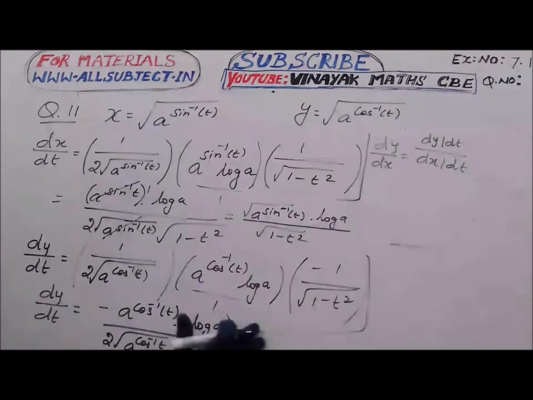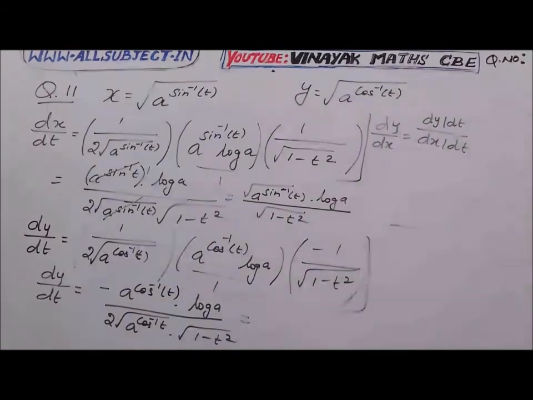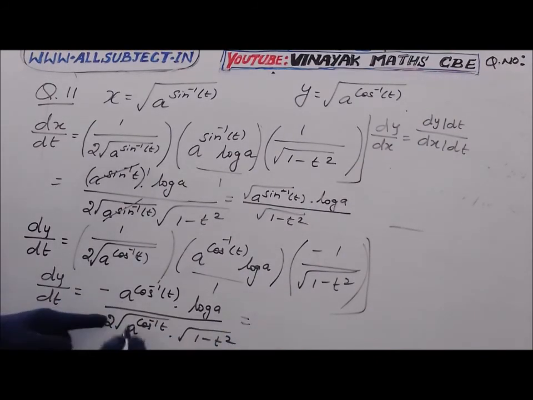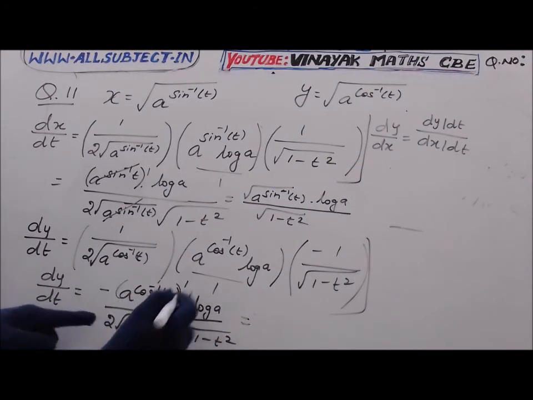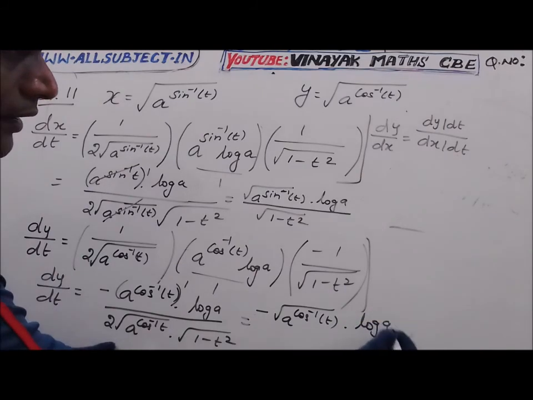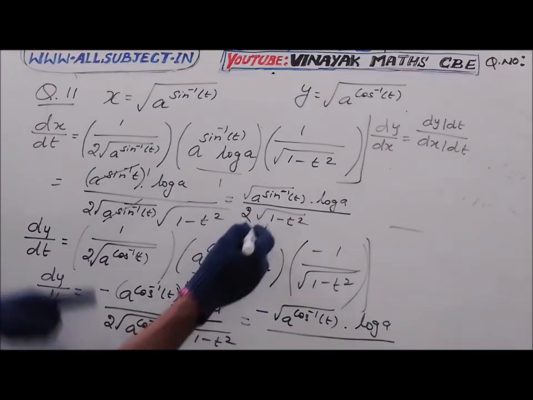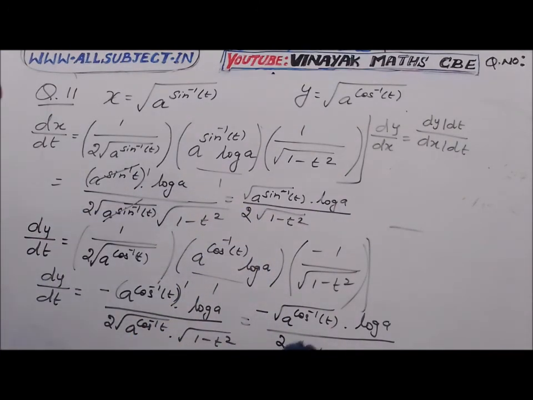So which is equal to, cancelling this a power cos inverse t power 1 and a power cos inverse t whole power half, minus root of a to the power cos inverse of t into log a divided by 2 into root of 1 minus t square, 2 into root of 1 minus t square.